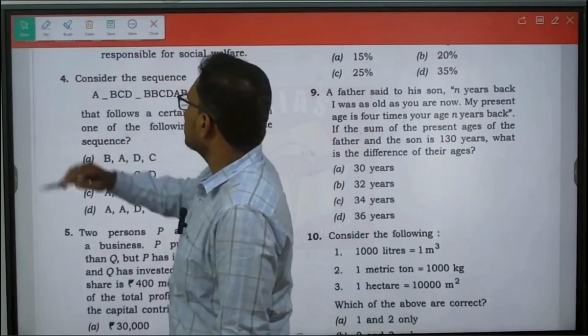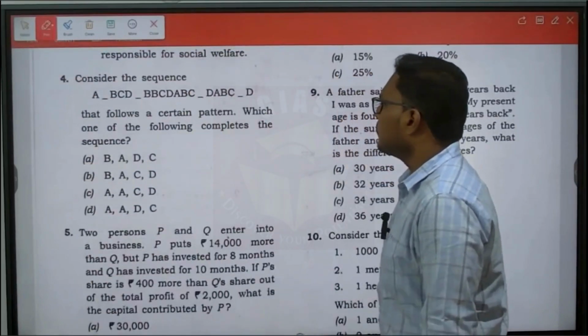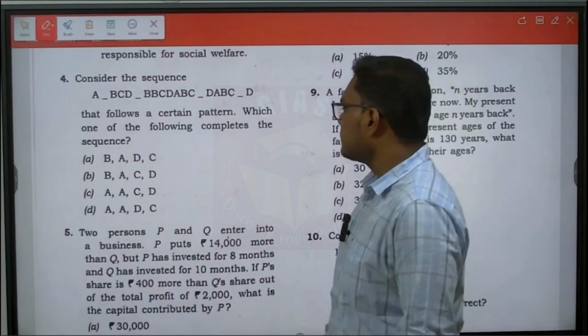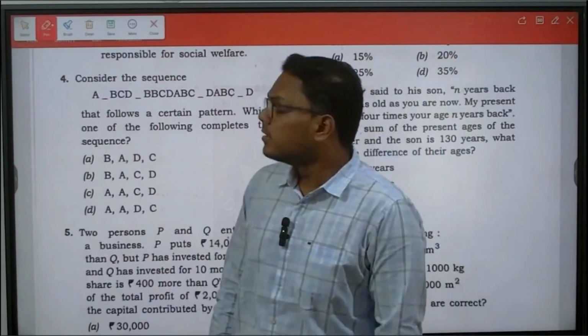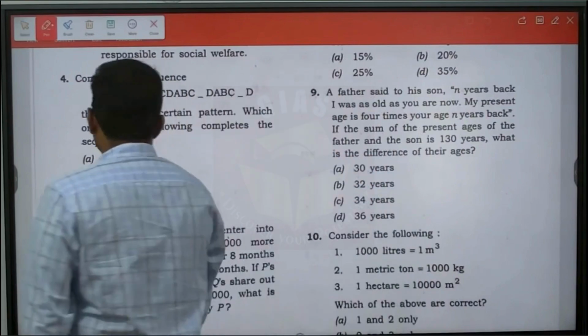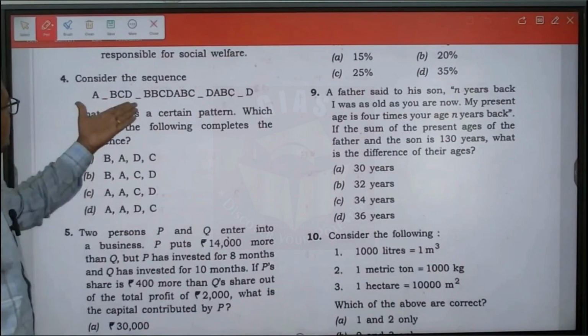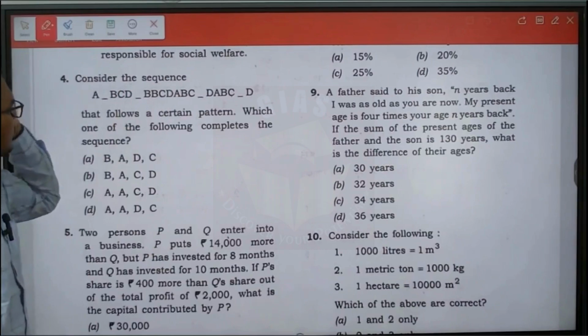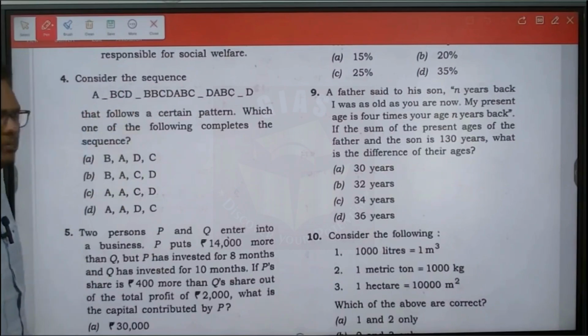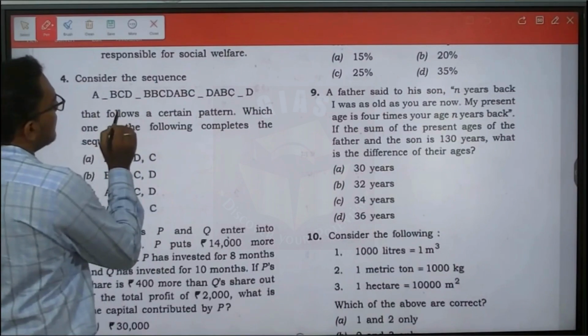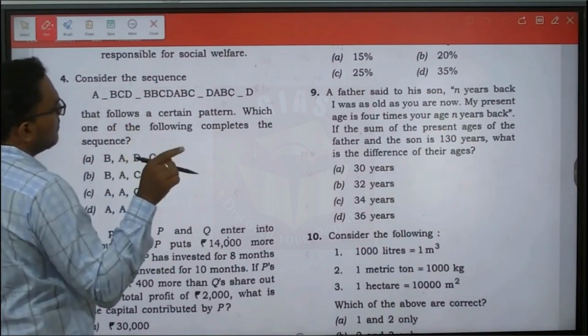First is this question: consider the following sequence that follows a certain pattern. Which of the following completes the correct sequence? On the face of it, you won't be able to make out the pattern. But you see there are a few terms which are repeated.